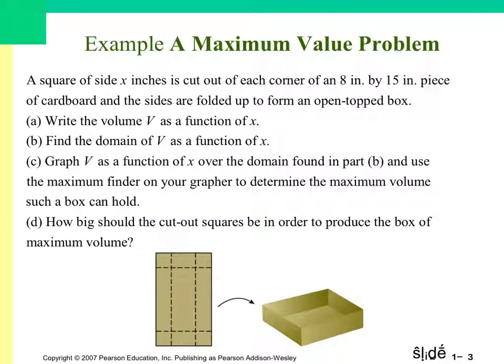And C, graph the function. Graph V as a function of x over the domain found in part B. And use the maximum finder on your grapher to determine the maximum value such a box can hold. How big should the cutout squares be in order to produce the maximum volume?